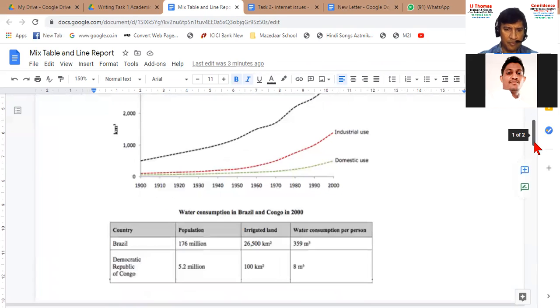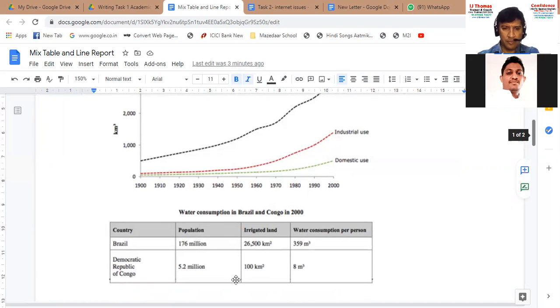Water consumption in Brazil and Congo in 2000. Country, Brazil, population 176, irrigated land, water consumption per person. Okay.